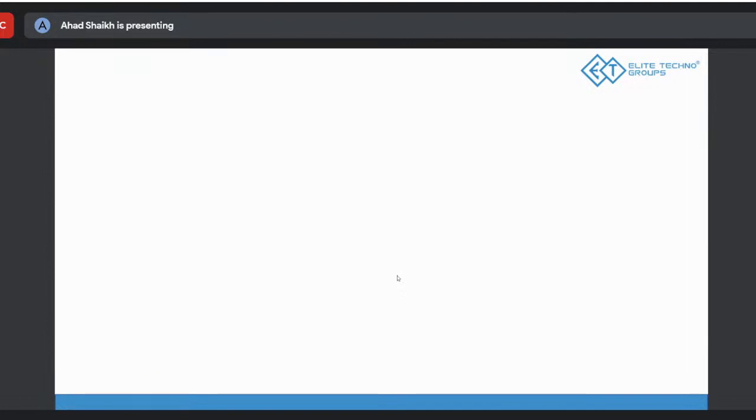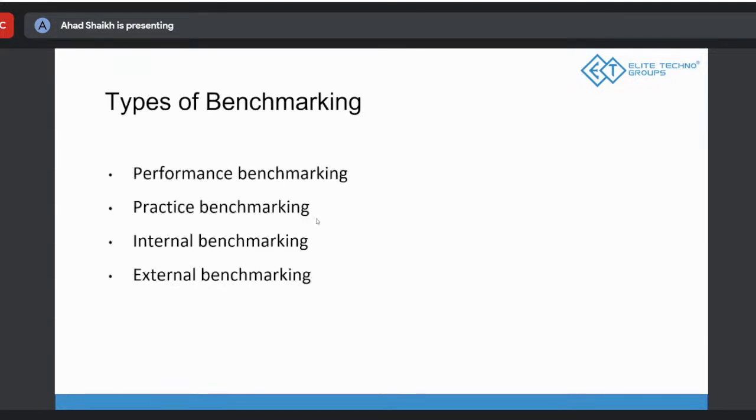Now we'll see what different types of benchmarking there are. So there is performance benchmarking, as we have already discussed. Let's say you have built a student level formula vehicle, so you can see what performance your vehicle is giving, and what other components.